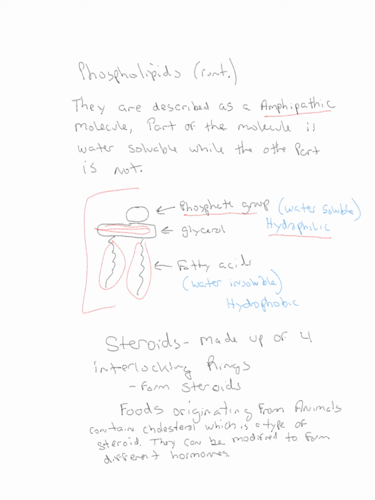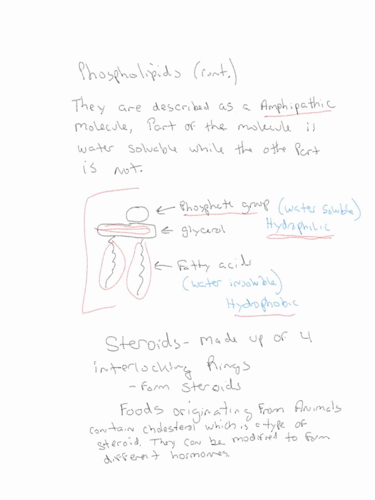They're described as being hydrophobic. So let me try that again. The phosphate group is water soluble, which is hydrophilic or water loving, and the fatty acid tails are water insoluble, which is hydrophobic.